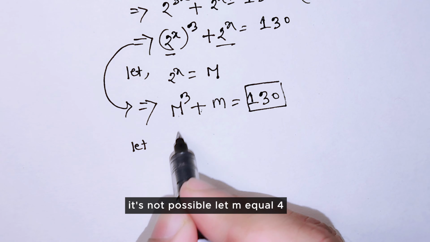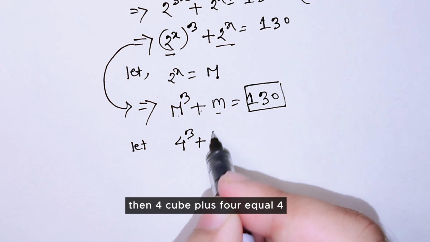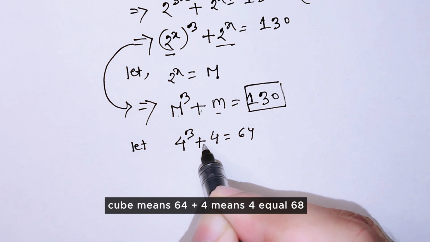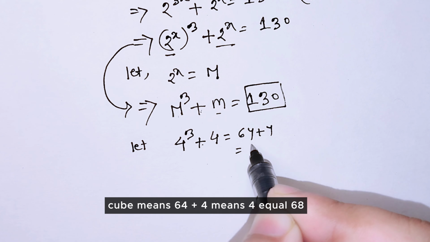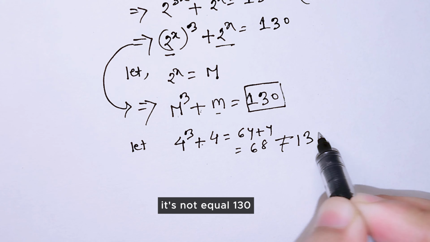Let m equal 4. Then 4 cube plus 4, 4 cube means 64 plus 4 equals 68. It is not equal to 130.